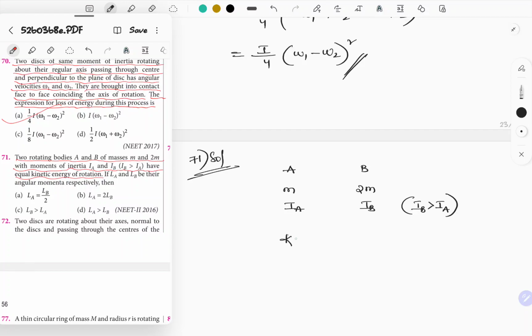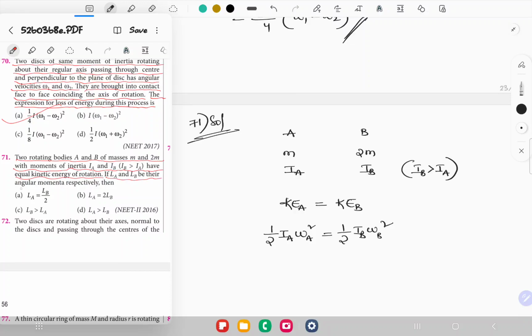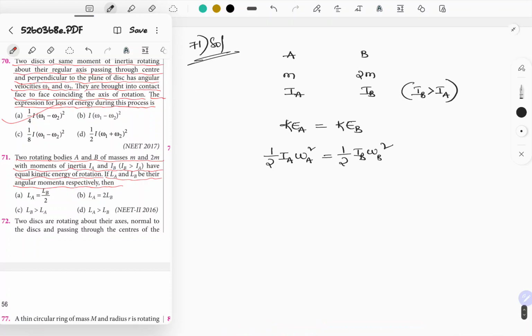Super. So kinetic energy of A is equal to kinetic energy of B. That means 1 by 2 Ia omega A square is equal to 1 by 2 Ib omega B square. What's the question they're asking? If LA and LB are their angular momenta respectively, they're asking for the relation between LA and LB.